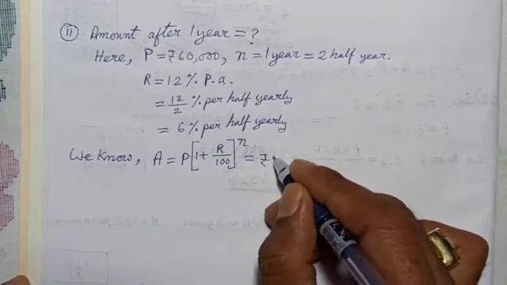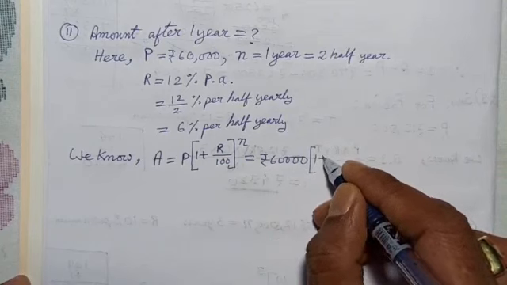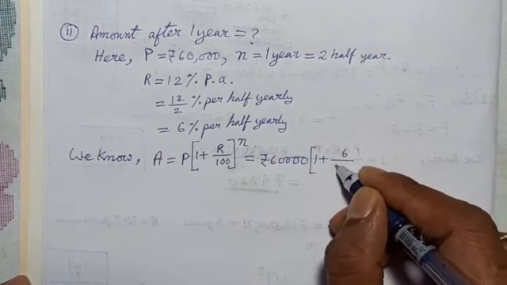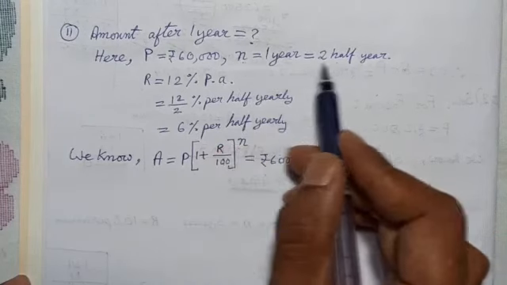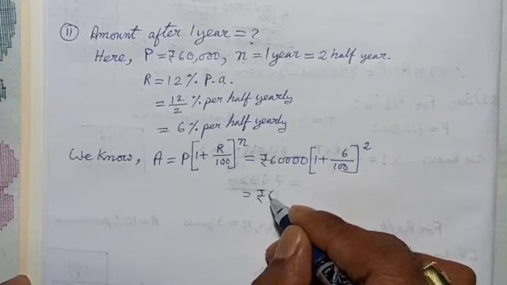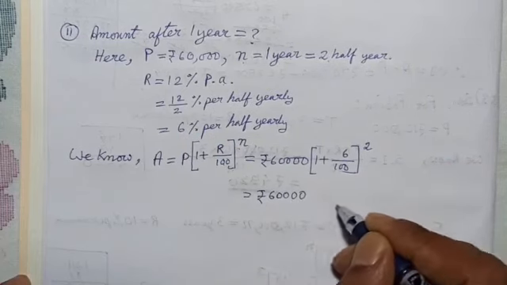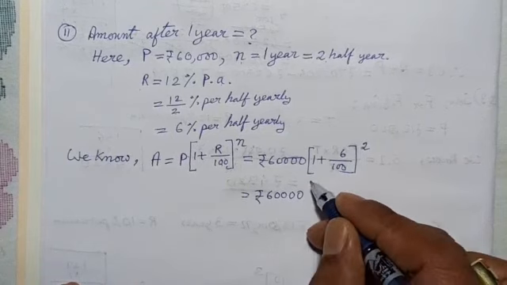Principal is rupees 60,000. 1 plus rate, 6 by 100, and N is 2. So rupees 60,000.